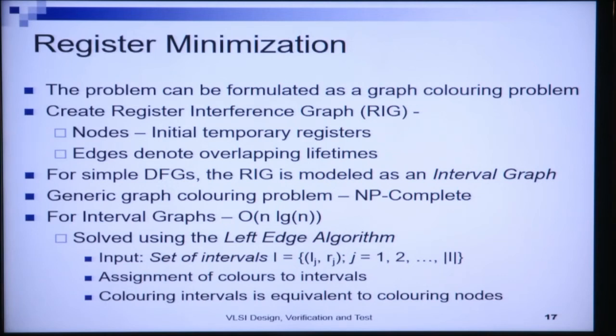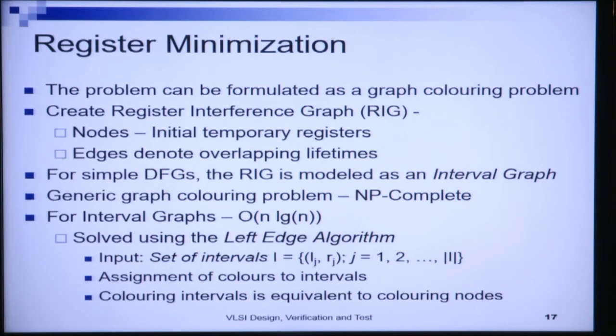So, I need to keep a list which maintains all my temporary registers that have not yet been allocated, sorted in terms of their start times or their left edges. So, in the interval graph I have a set of intervals Lj Rj. This Lj to Rj is the lifetime for temporary register Tj.